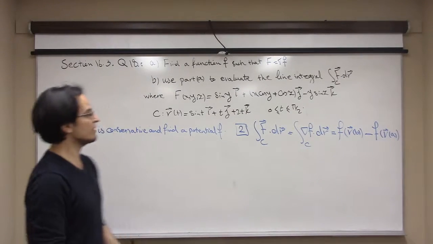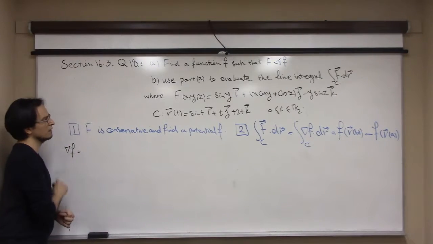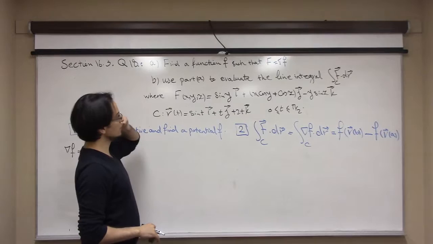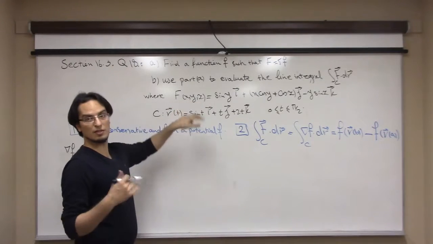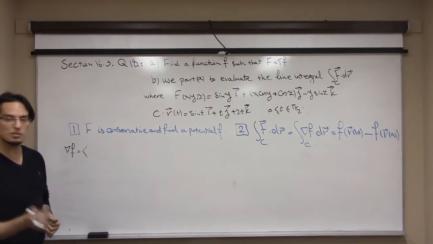For this specific question, I have to find a function whose gradient is equal to this vector field. This vector field is a vector field in R3, so my function should be a function with 3 variables.